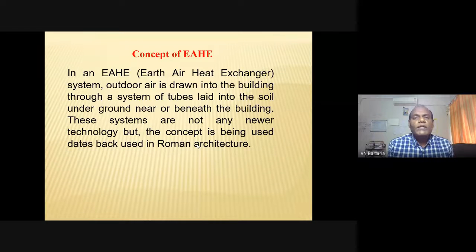Another important aspect required to be known before fully understanding the advantageous concept of the solar passive ventilation system is the EAHE system, the Earth Air Heat Exchanger system.